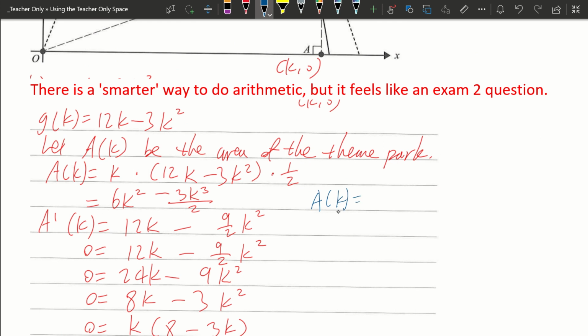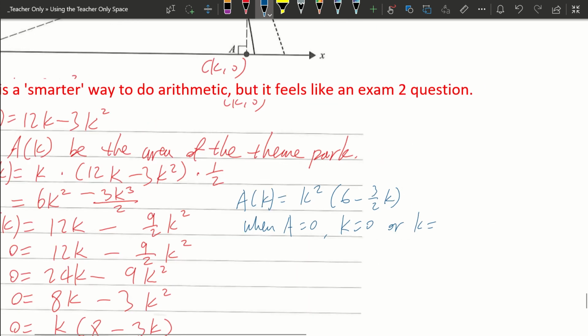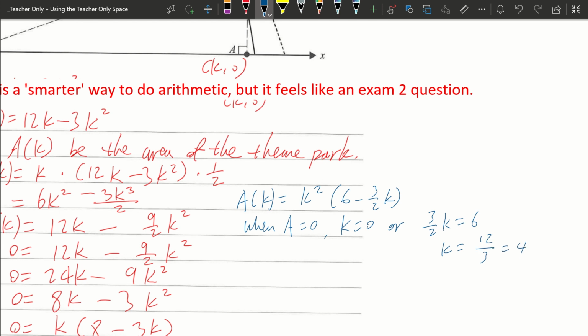The function is k squared times (6 minus 3/2 k), right? So the x-axis is going to be k, and the area a is 0 when k is 0 or when k is, because of the 6, 12 over 3, which is 4.